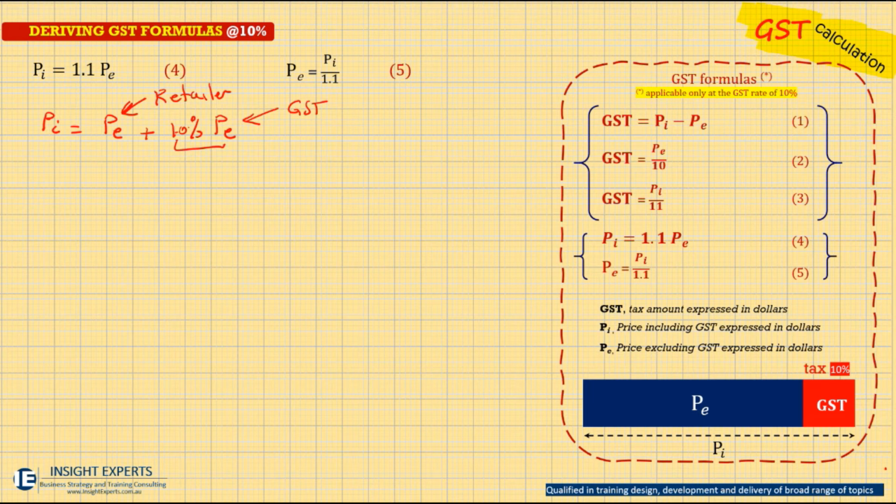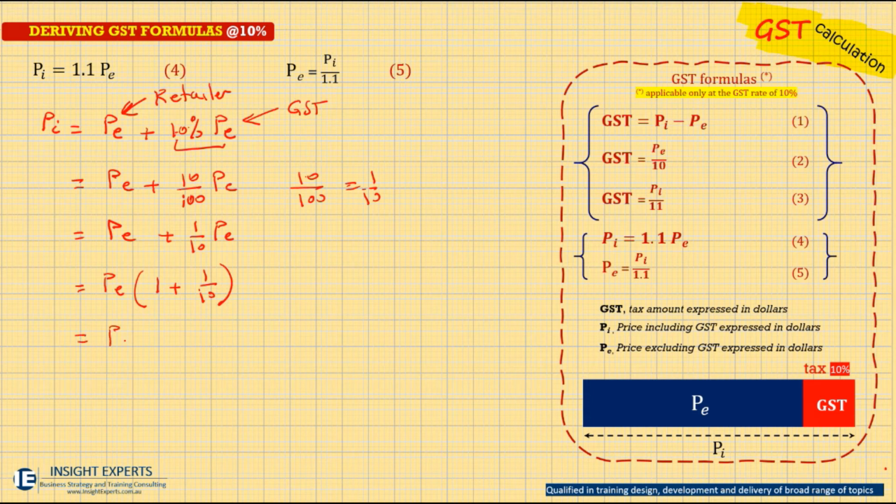Now with that in mind, we can rewrite the equation as follows: PE plus 10% as a ratio is equal to 10 over 100 PE, but again, that is equal to 1 over 10, so PE plus 1 over 10 PE. Now I'm going to take PE as a common factor, becomes 1 plus 1 over 10.